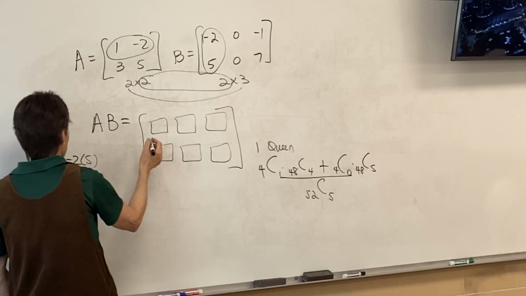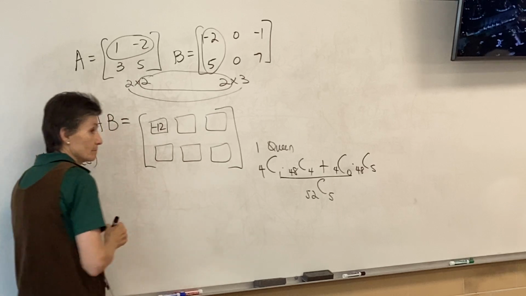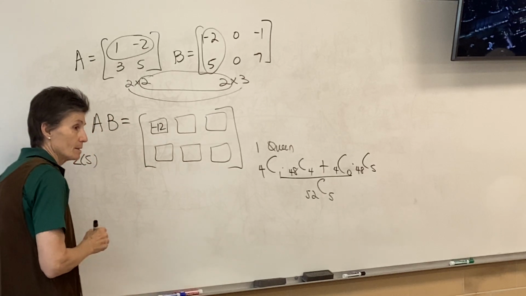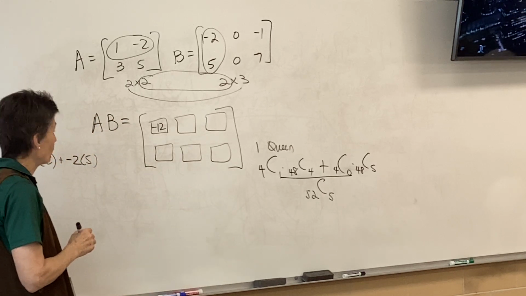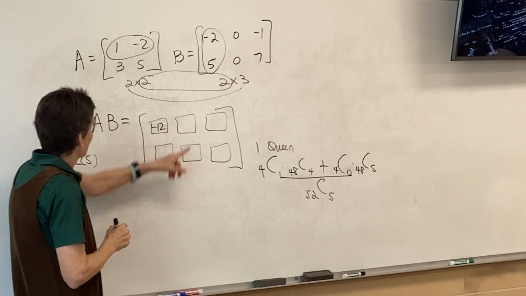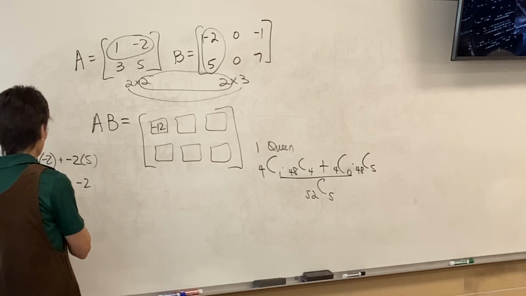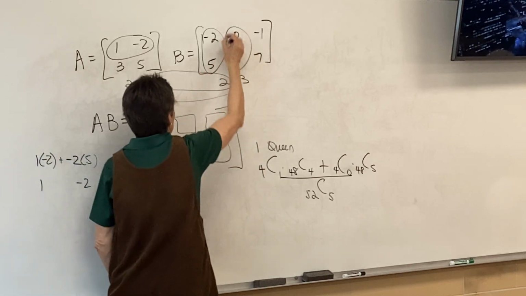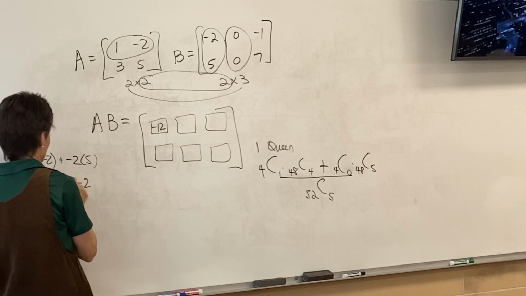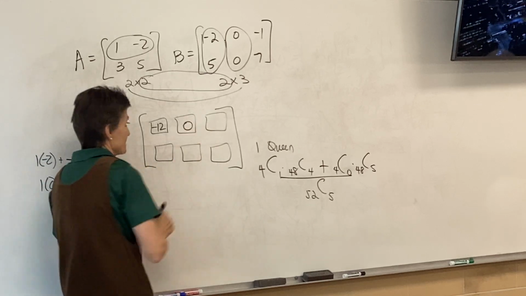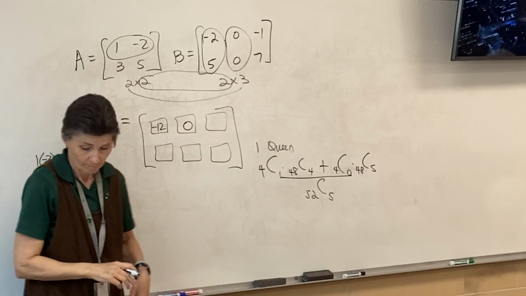It looks like -12. And then I move over. So row 1, column 2 is all zeros. So that's just gonna give me a 0. Right?